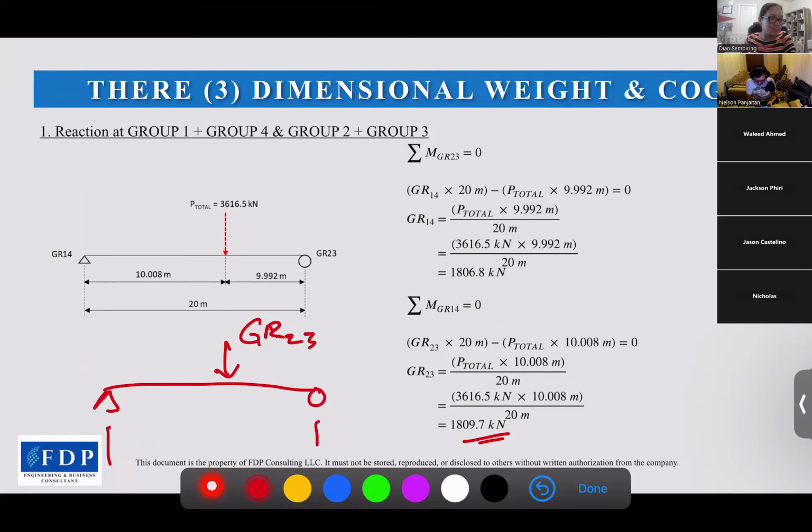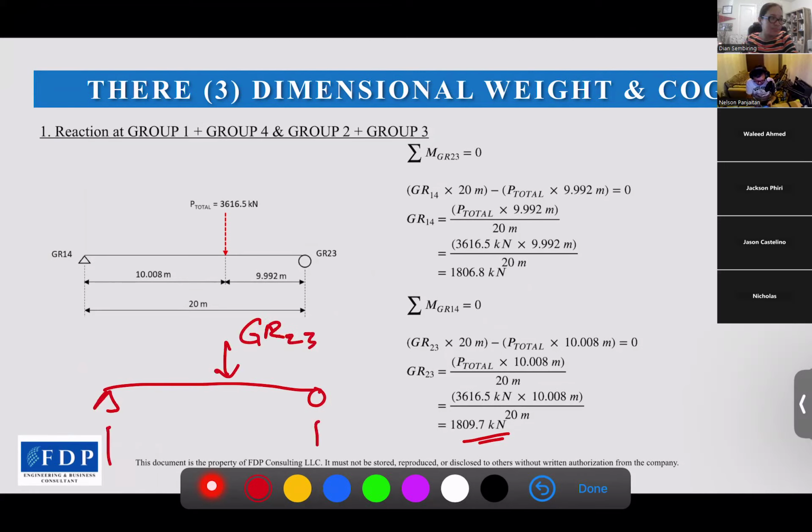The total is 20 meters, so this will be 10.00... sorry, 18. Yeah, same like this, but group 2-3 is 1809.7 kilonewton.